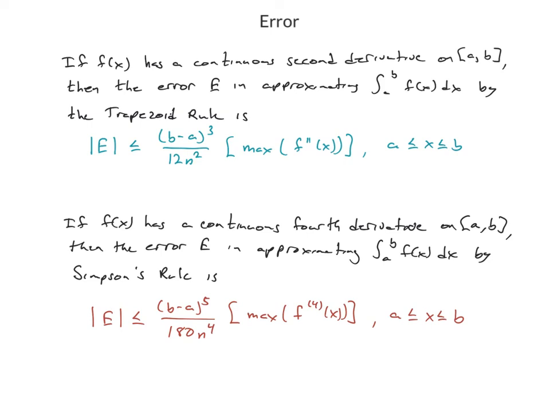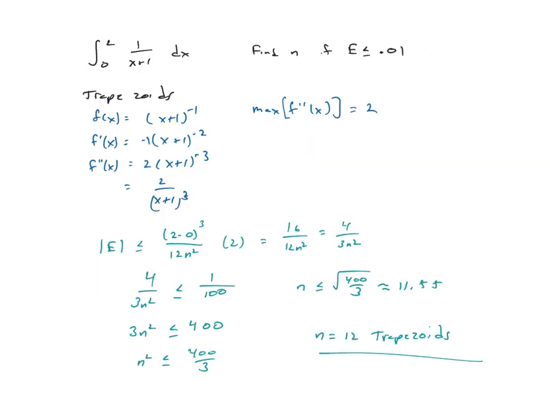Okay, so let's take a look at this one. So an example of this one, really kind of looking at what we just did. How many trapezoids would I have to have so that my error would be less than 0.01, 1/100th? Okay, so in this case, I went to the second derivative.